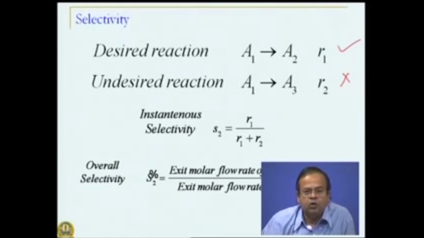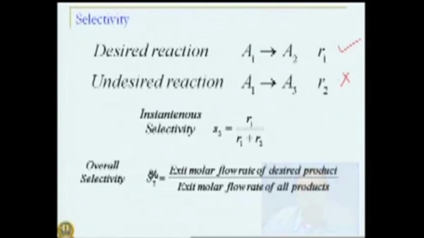Let us first define overall selectivity and then we will come back to instantaneous selectivity. We define overall selectivity S2 as the exit molar flow rate of desired product, that is in this particular case F2, to the exit molar flow rate of all products, so F2 plus F3.